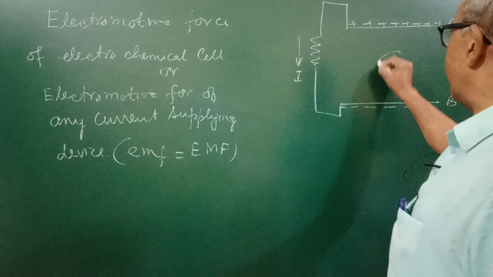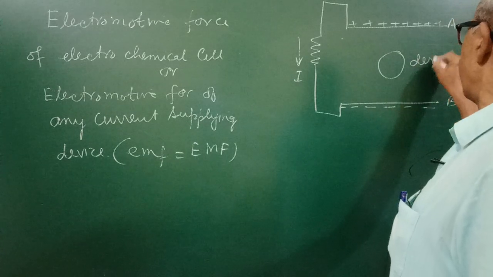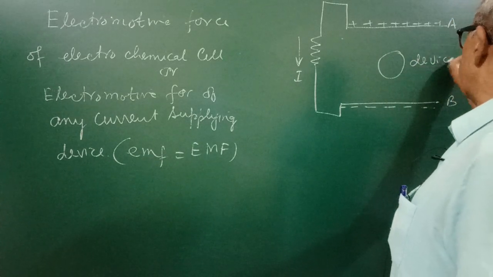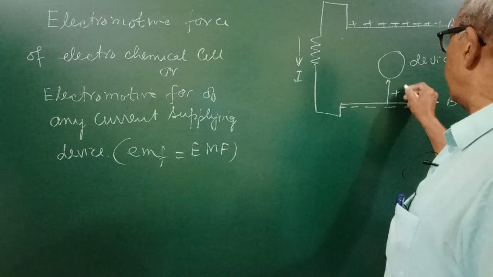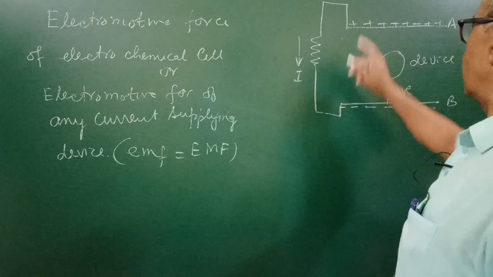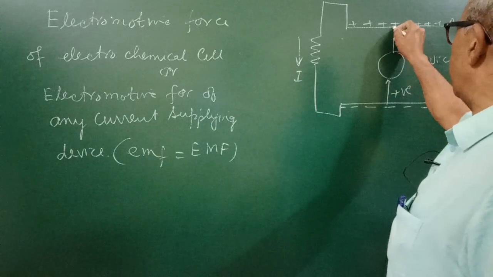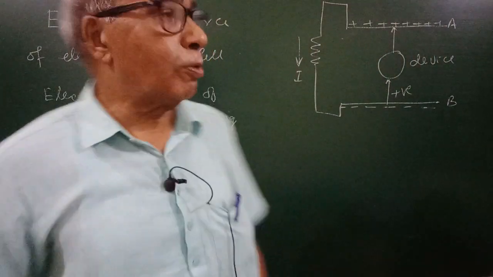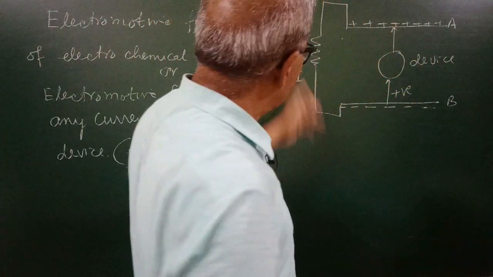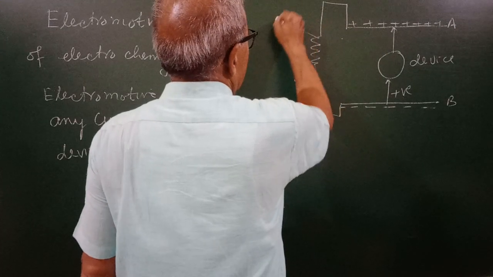So we use some device between plates A and B, which takes positive charge from plate B and gives it to A at the same rate as it is coming from A to B through the conductor. This is the conductor here.